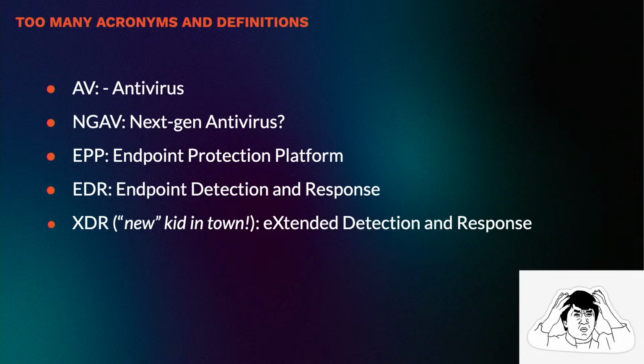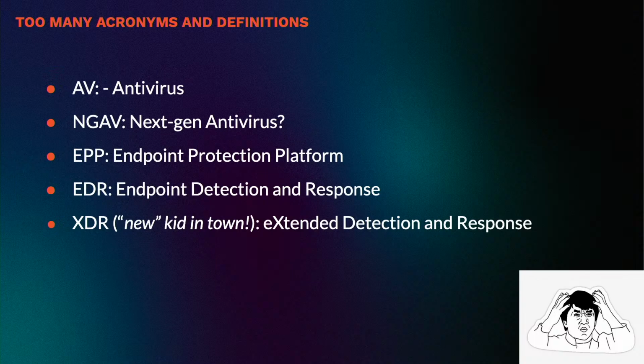Okay, the reality today is there's so many abbreviations, acronyms, and names within the endpoint security space, right? So historically, we've called these tools AV, antivirus. If you talk to certain vendors, they'll call this next generation antivirus. Some people call them endpoint protection platforms. At Elastic, we call this EDR, so basically endpoint detection and response.